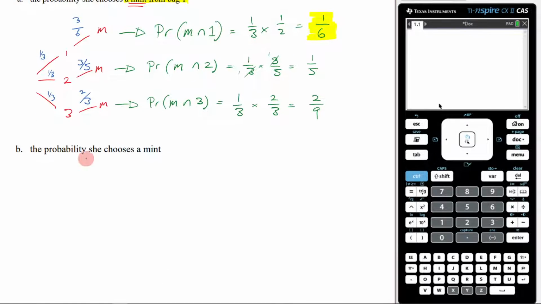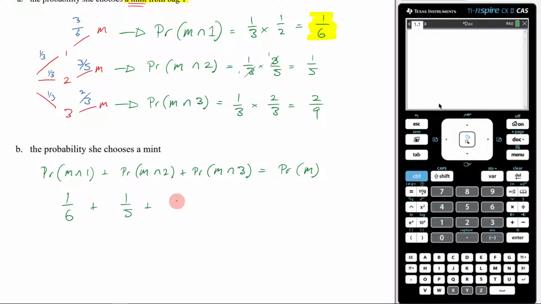Now, if I want to find the probability that she chooses a mint, that is the probability of M intersection 1 plus the probability of M intersection 2 plus the probability of M intersection 3. That is going to give me the probability of getting a mint. So that's going to be 1 on 6 plus 1 on 5 plus 2 on 9.